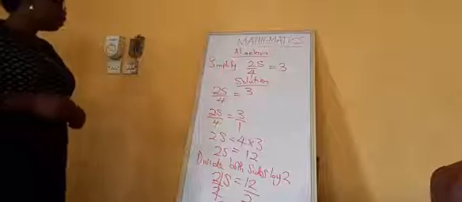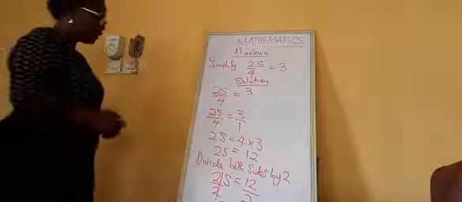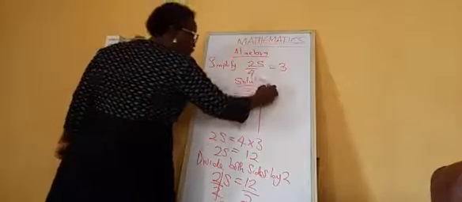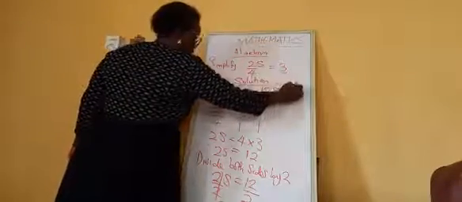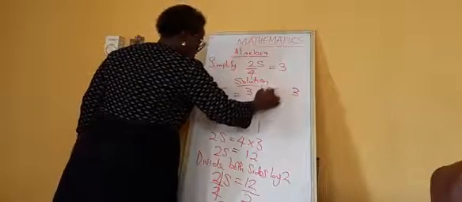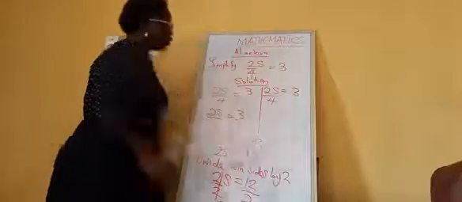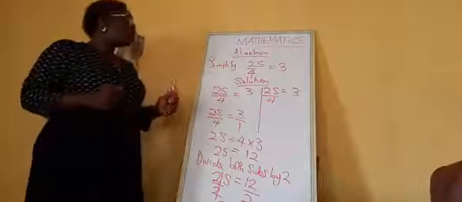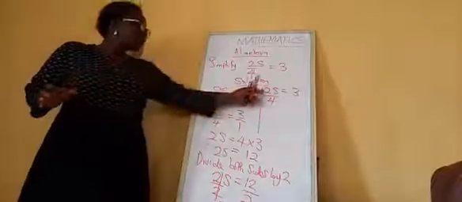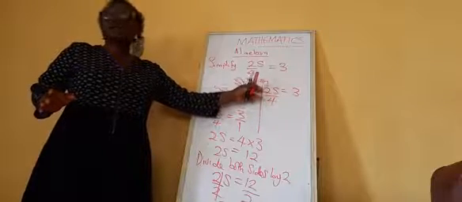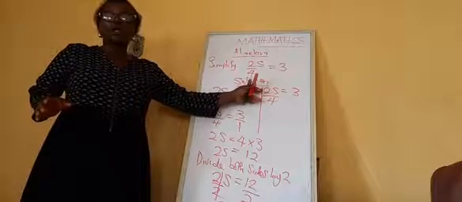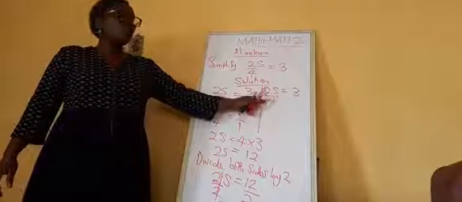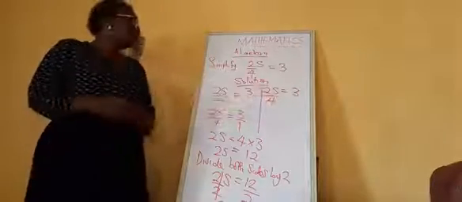Another method is this. When you have 2x over 4 is equal to 3, before you can cut, make sure that the number in the numerator can divide the denominator number, or the denominator can divide the numerator.